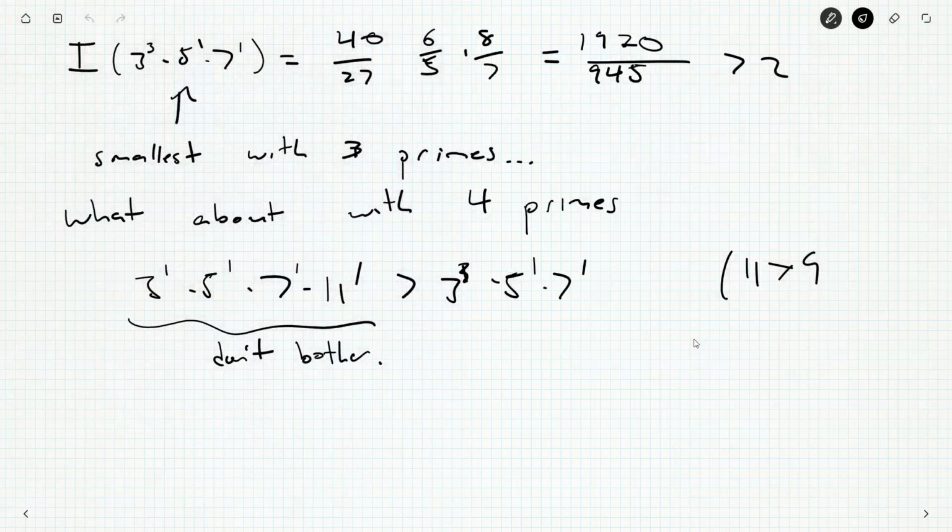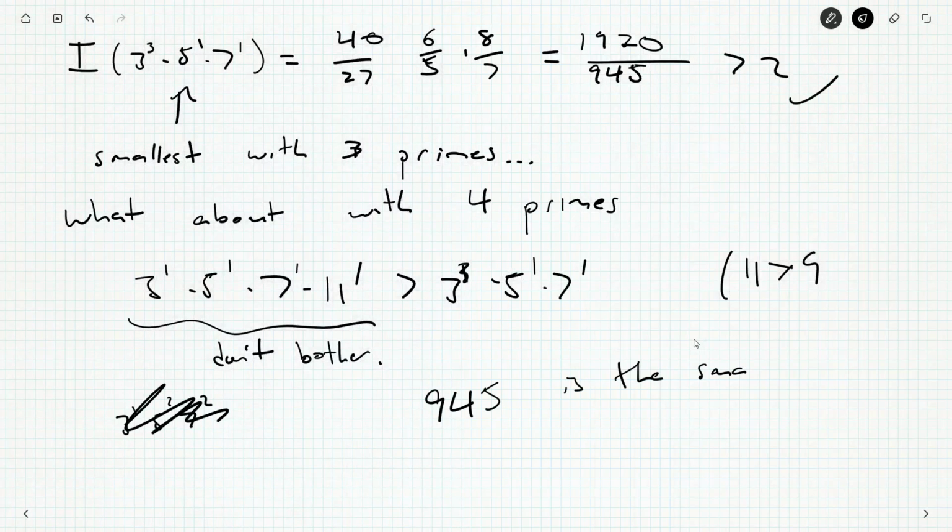We could have 3 to the 1, 5 squared, 7 squared, but that's also going to be less. Yeah, this one is the best. So 945 is the smallest such n. Okay.